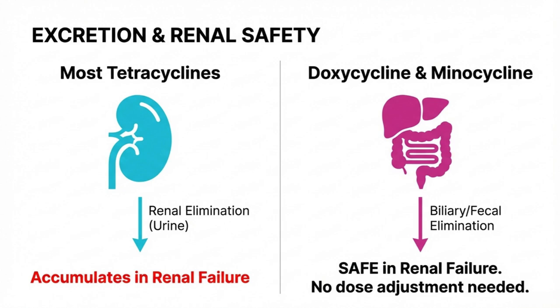Now, an important exception you must remember: doxycycline and minocycline are excreted mainly by non renal mechanisms. Because of this, they can be safely used in patients with renal insufficiency without significant dose adjustment. So, even in patients with mild renal impairment, doxycycline and minocycline are considered safe compared to other tetracyclines.